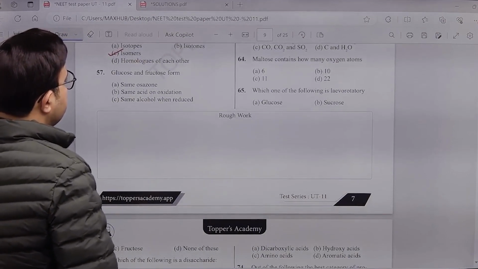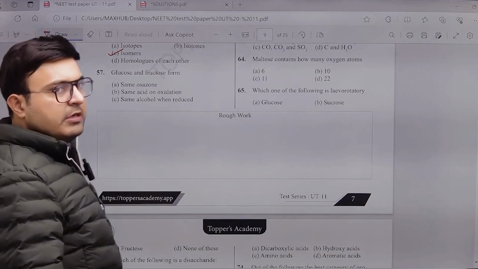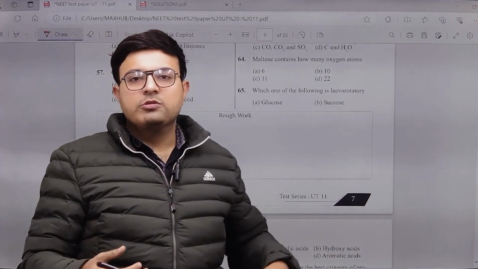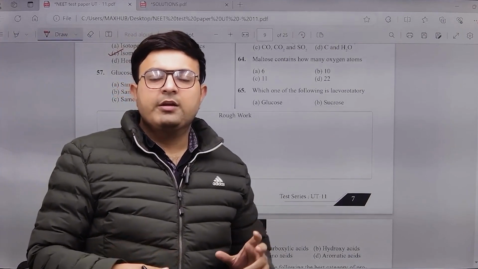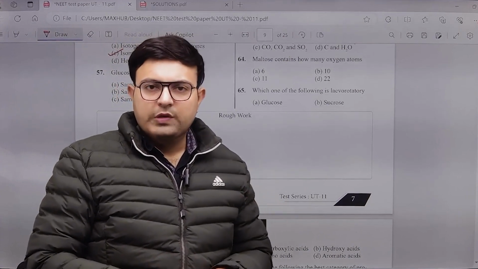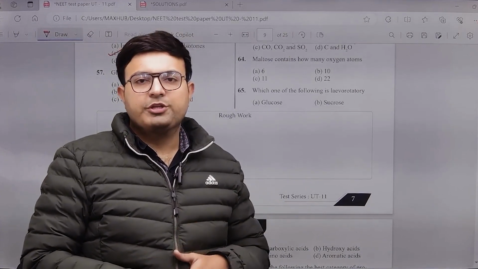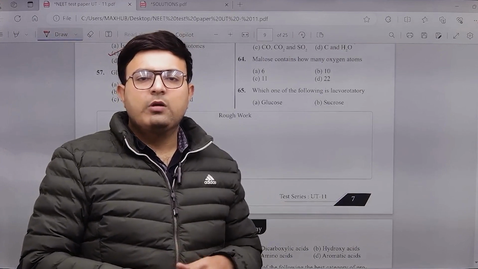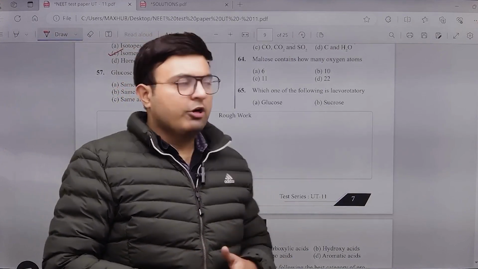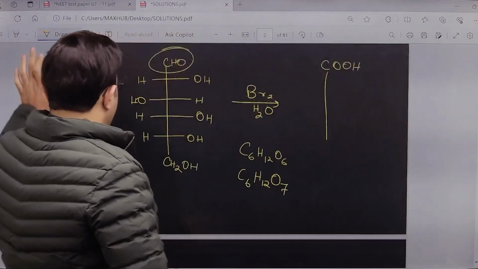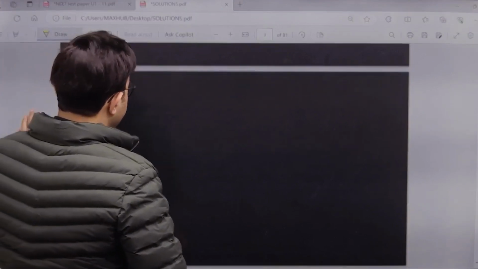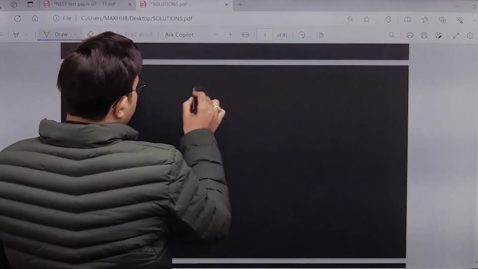Glucose and fructose form, okay, now see, glucose and fructose differ only at carbon 1 and 2, and during osazone formation both carbon 1 and 2 are converted into the imine functional group, like this.